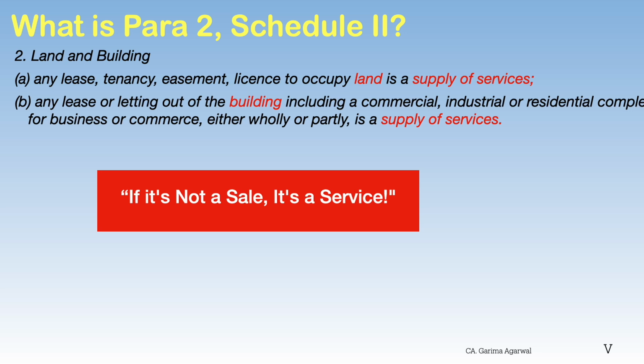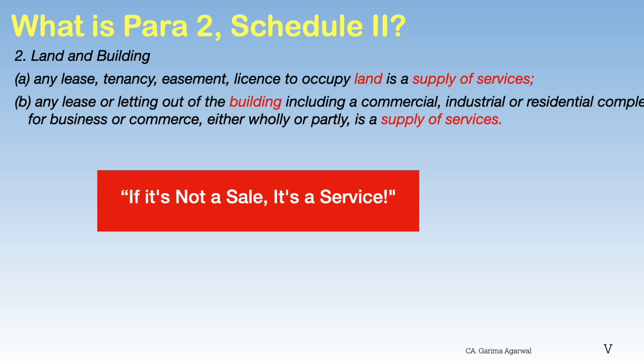So the first clause talks only about land here. While clause B says any lease or letting out of a building, including a commercial, industrial or even a residential complex for business or commerce, either wholly or partly is a supply of services.